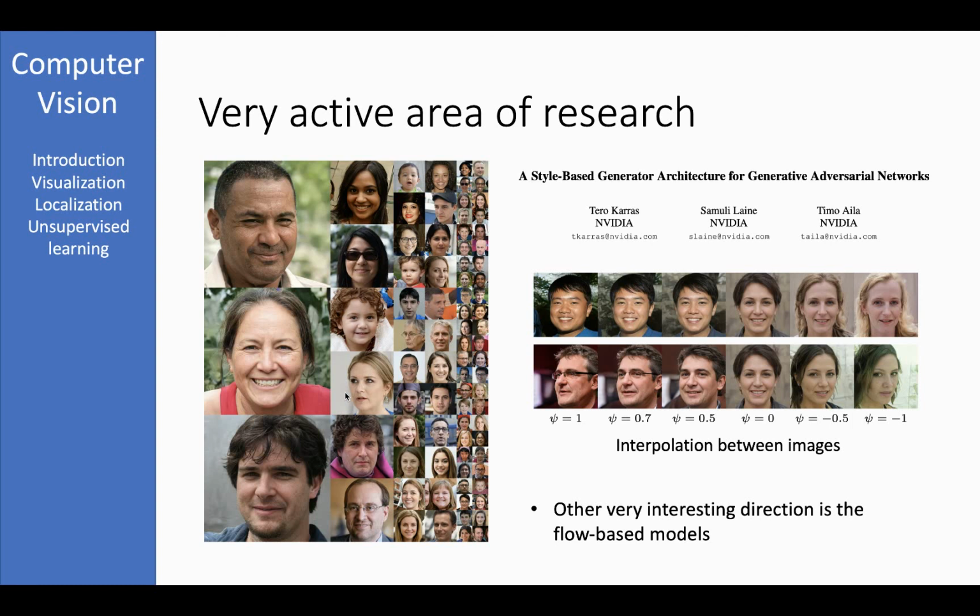And this is, for example, generation results, what we see on the left-hand side, from a paper that was published in 2018 from NVIDIA. And it's impressive that they're able to create such realistic-looking images just by sampling a generator. On the right-hand side, they played an interesting game as well. They try to interpolate between real images.